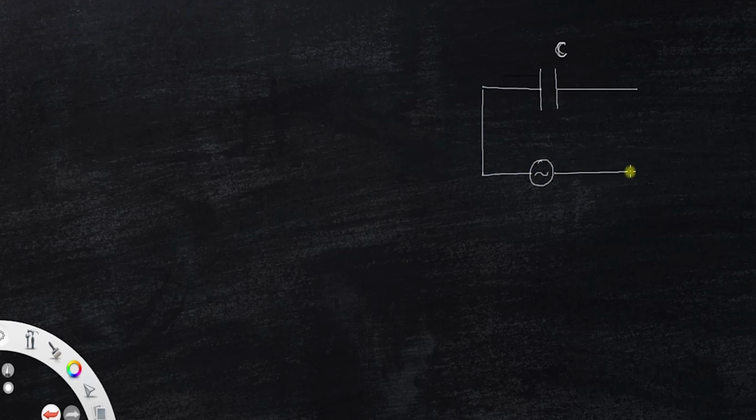This is the AC of V volt, and we know the EMF of AC always varies, and we have V equal to V0 sine omega t, where V0 is the peak value of the AC voltage, omega the angular frequency, and t is the time.